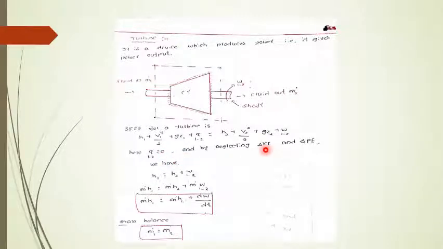By neglecting kinetic energy and potential energy terms, it becomes h1 equals h2 plus work transfer. Then if you multiply it by mass flow rate m dot, the equation becomes this, and this is the steady flow energy equation for the turbine.